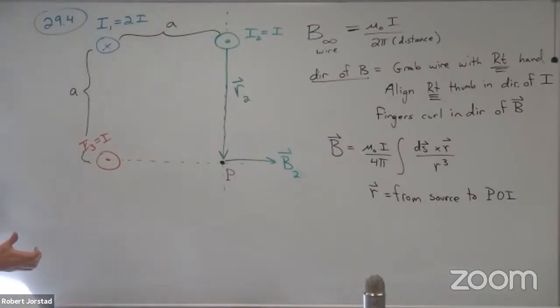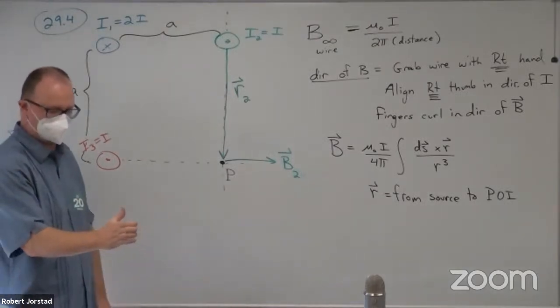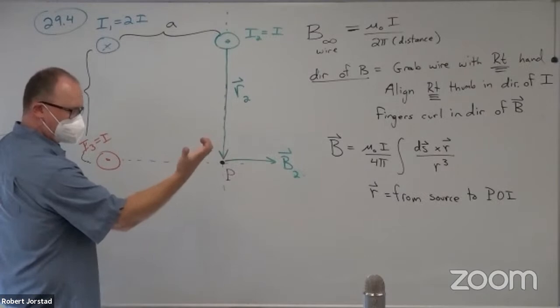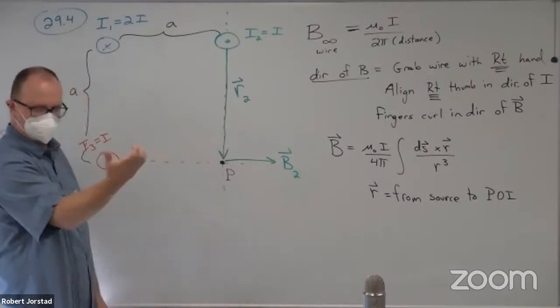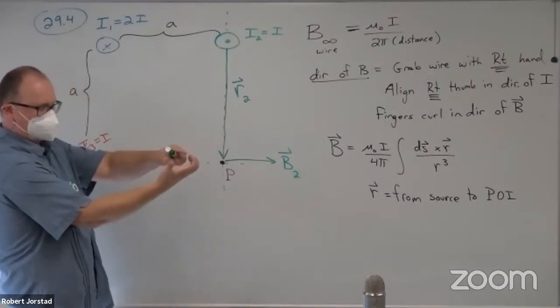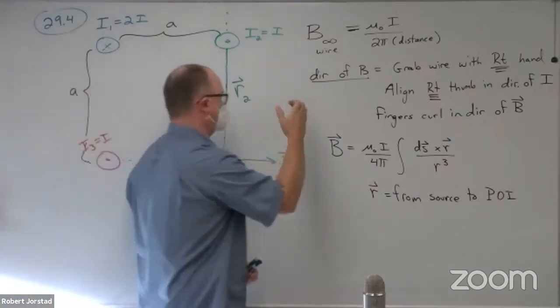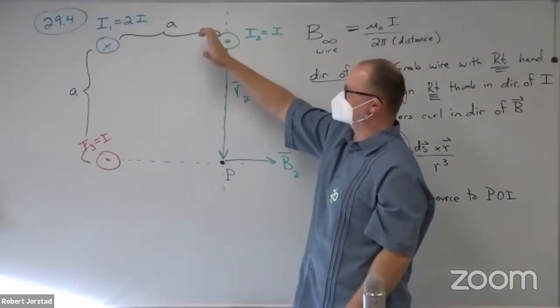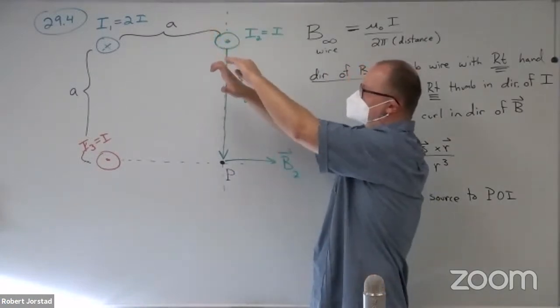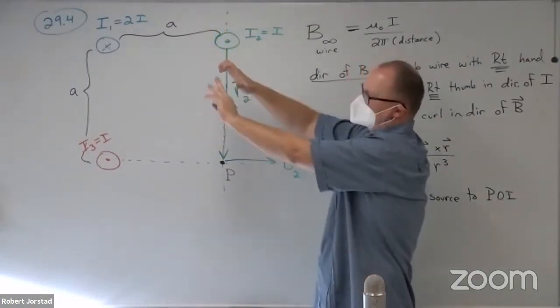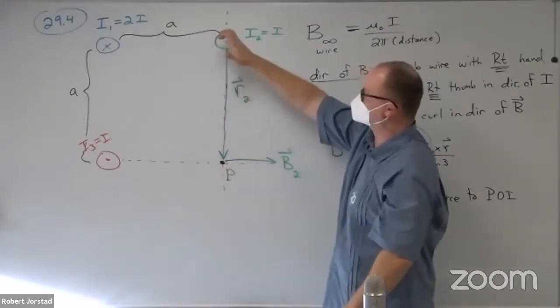What I like to do, this is going to seem a little bit crazy here, I like to hold my hand in this very particular way. Look at my fingers, my knuckles, I try to keep my fingers straight all the way to the last knuckle as much as I can. The idea is my thumb is my current, the hand itself is the R vector, and then right here is the B direction, right?